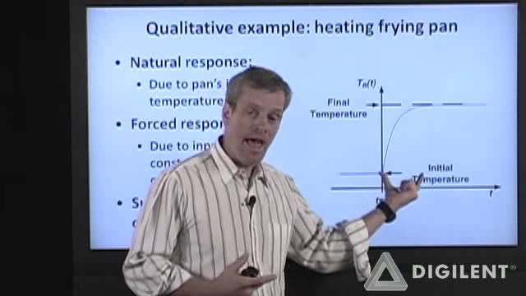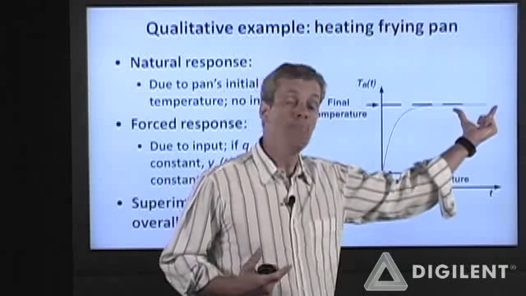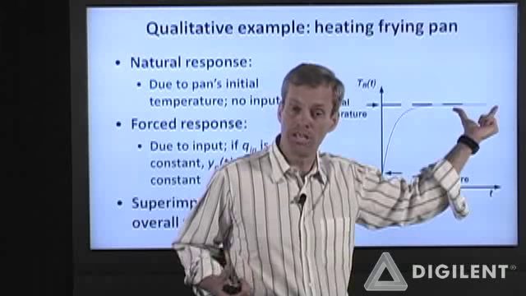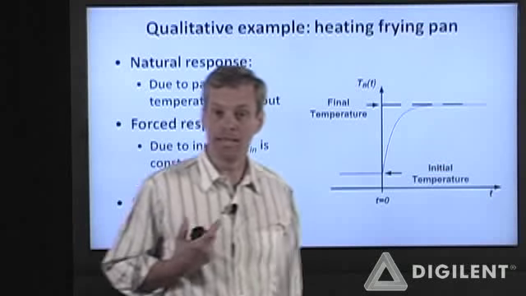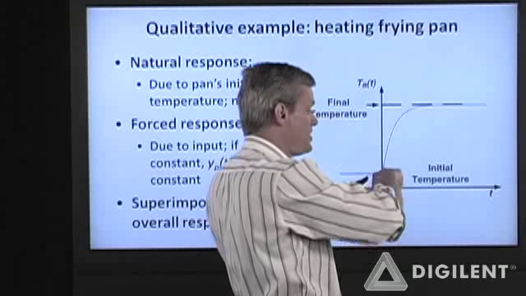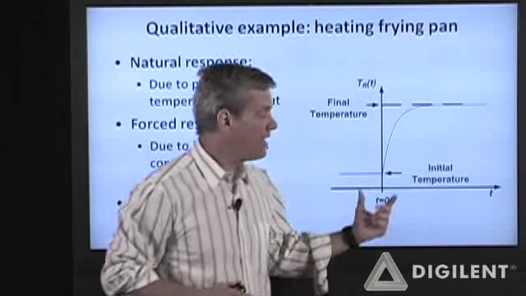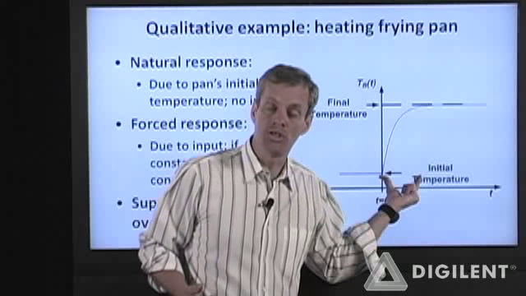Once the natural response or the homogeneous solution dies out, my final temperature is the particular solution. It will just be a constant number since my heat input is constant. This exponential change between the initial and the final value is due to my natural or my homogeneous solution.